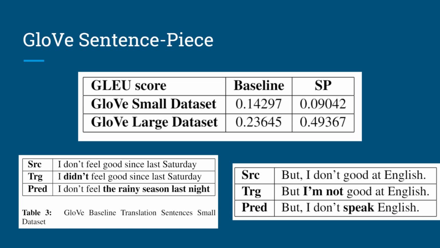Whereas over here with the sentence pieces, "but I don't good at English, but I don't speak English" is very equivalent. It's really close, and it's also readable. So I thought that was really useful. And this can be used in Word or Google Docs, they could use this idea to help suggest sentences for people that have incorrect grammar in them.